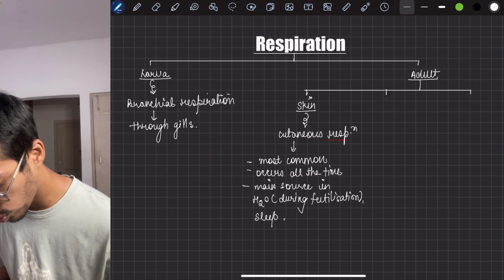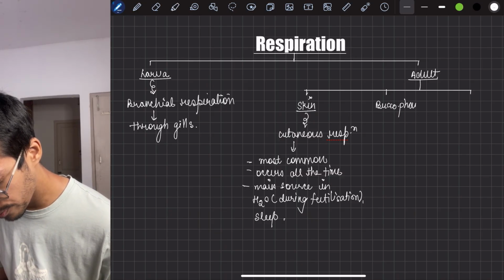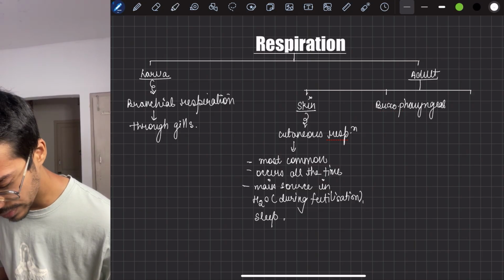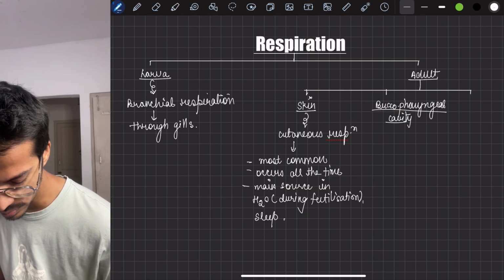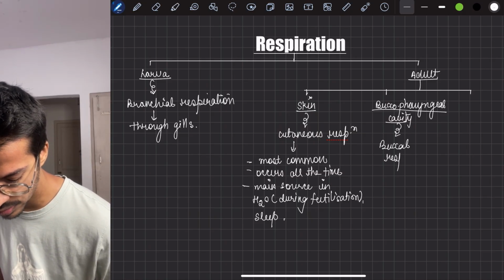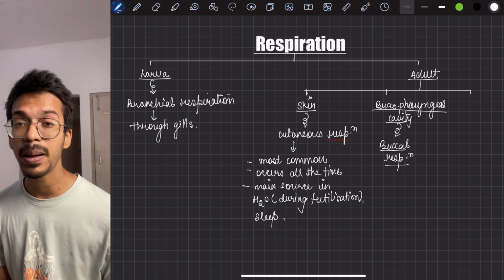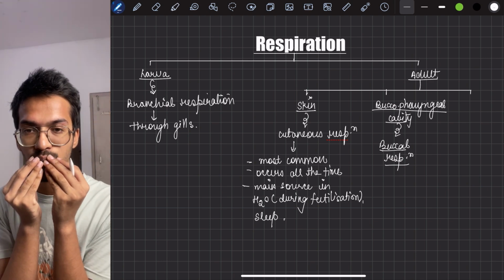Next is the buccopharyngeal cavity. It helps in buccal respiration. What happens in buccal respiration? Your nostrils are open and the mouth is closed.